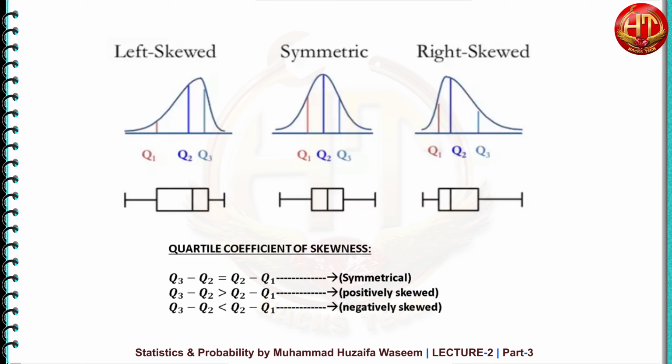When Q3 minus Q2 is greater than Q2 minus Q1, then the shape of the distribution is positively skewed. When Q3 minus Q2 is less than Q2 minus Q1, then the shape of the distribution is negatively skewed.